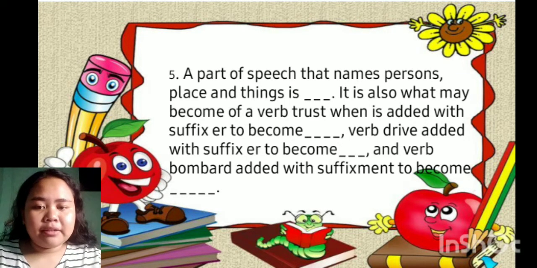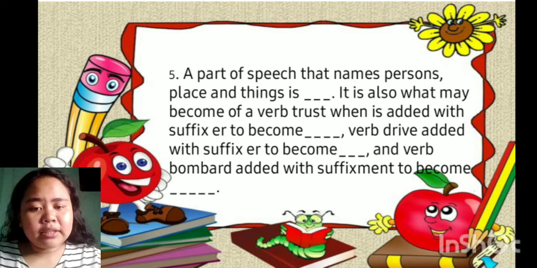And verb bombard added with suffix ment to become blank. So in this test item, the lengths of the blanks are uniform. They are the same in length. They are standardized. So it is a good test item.